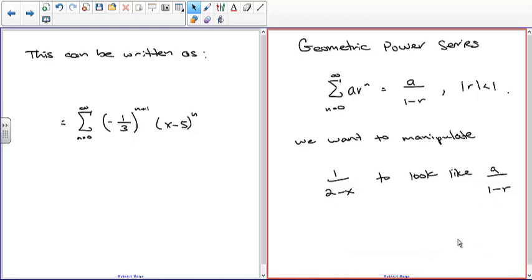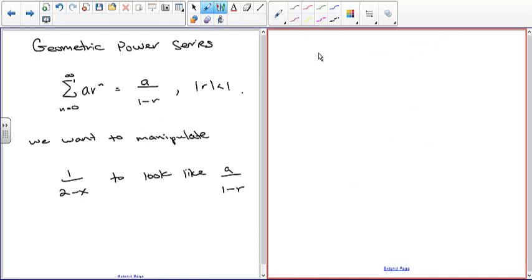Okay, so what we're going to do is try to make this look like that. What we could do is factor out a -1. So we take the original expression, and if I factor out a -1, I'll have -1 over... actually that looks pretty good, except we don't need to do that.